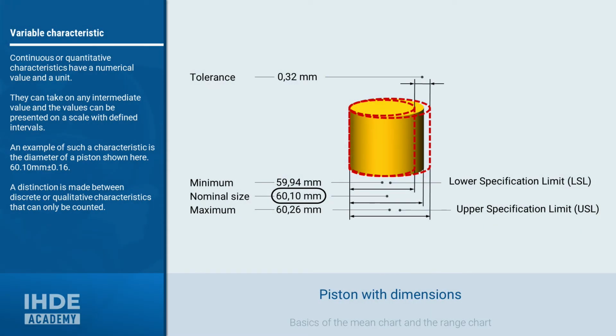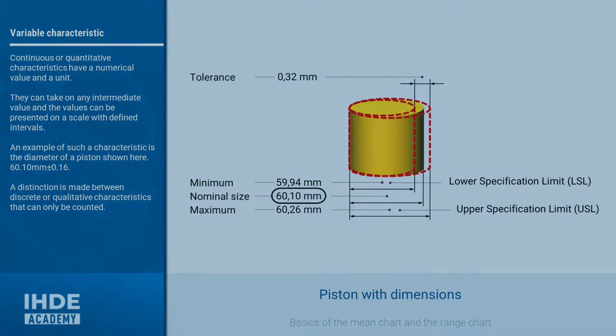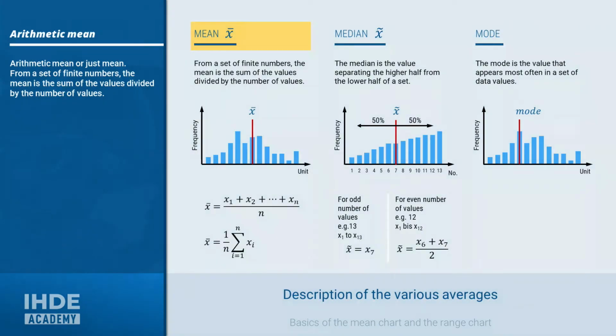We take again the diameter of a piston as an example. Its diameter of 60.1 mm is the product characteristic that is to be monitored with the control charts. When we speak of the mean, we mean the arithmetic mean. This is calculated from the sum of all values divided by their number.